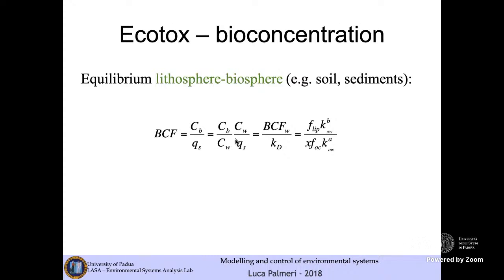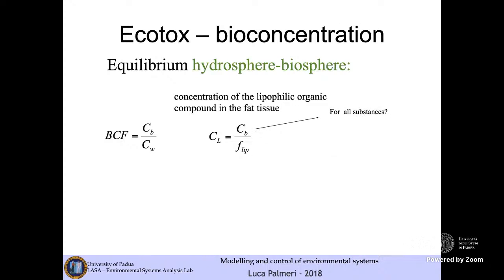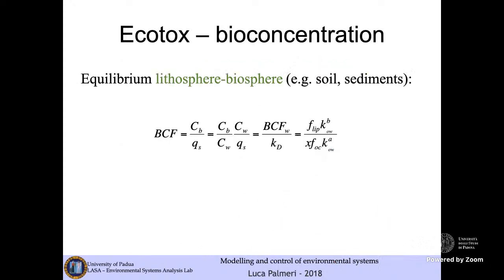We divide and multiply by a concentration in water, and by employing the model that we have just introduced here, that is the bioconcentration in water, we may rewrite that for the lithosphere biosphere interaction: the bioconcentration factor in the biosphere is equal to the bioconcentration factor in water divided by KD.